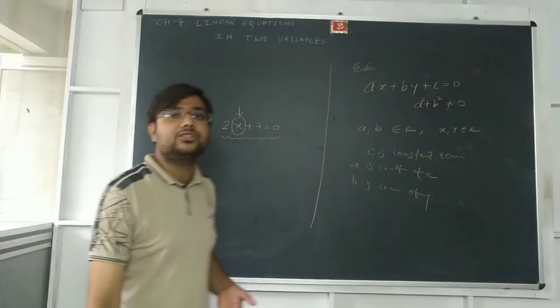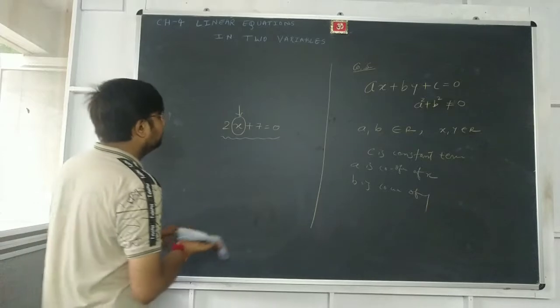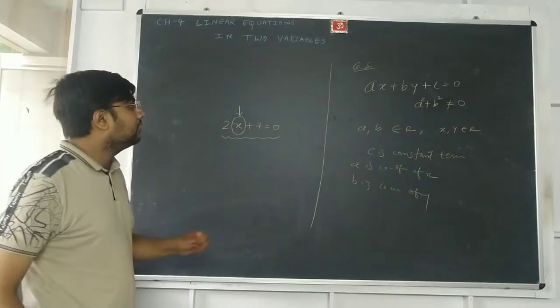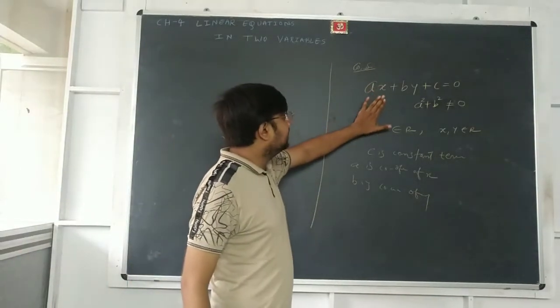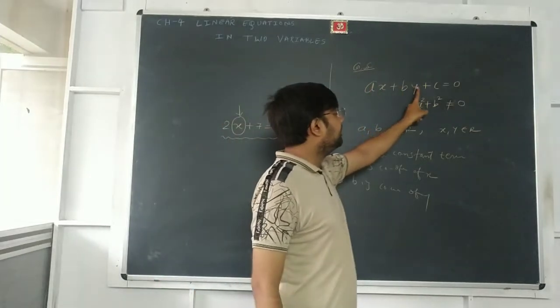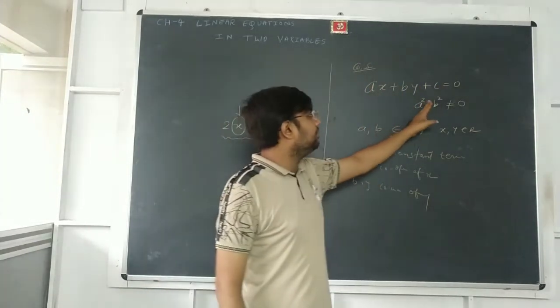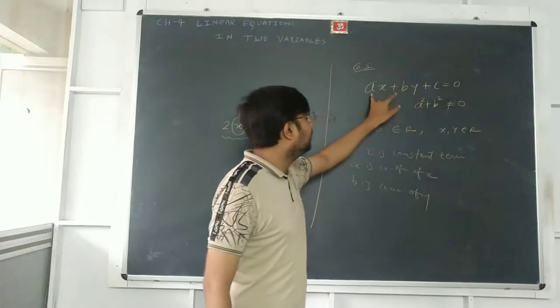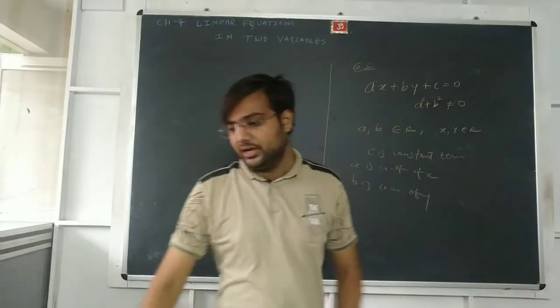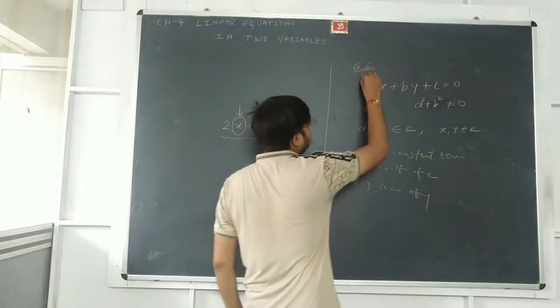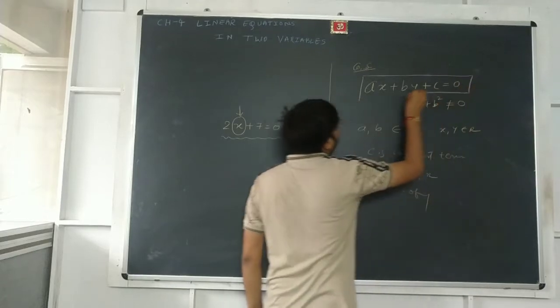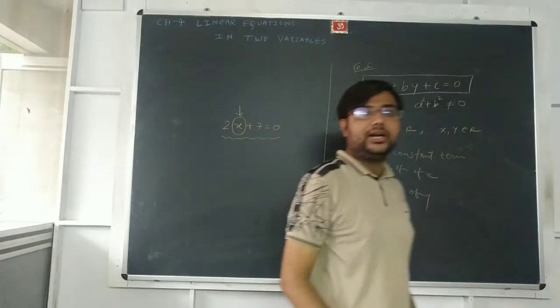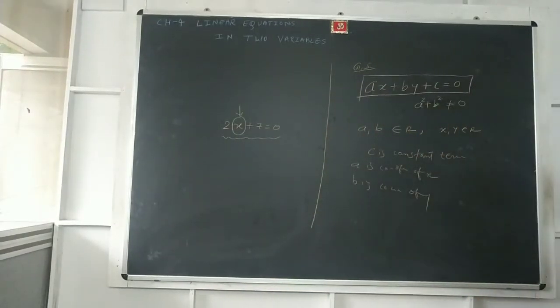First remember this equation: ax plus by plus c is equal to 0, with a squared plus b squared not equal to 0. Here is the main equation, ax plus by plus c is equal to 0. Remember this, and we start example 1.